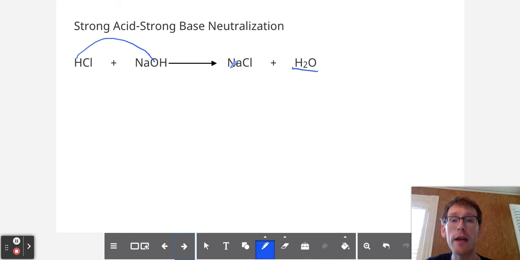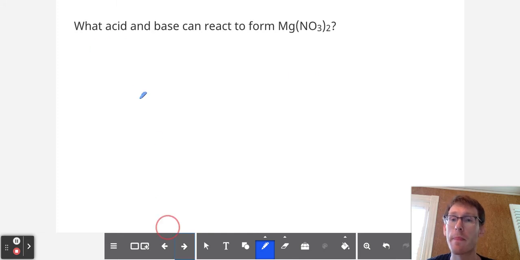But if we look at any salt, we can actually tell what acid and what base reacted to form it. For example, if we have magnesium nitrate, we can take that Mg2+ ion and ask, which is it, the H+ or the OH-?